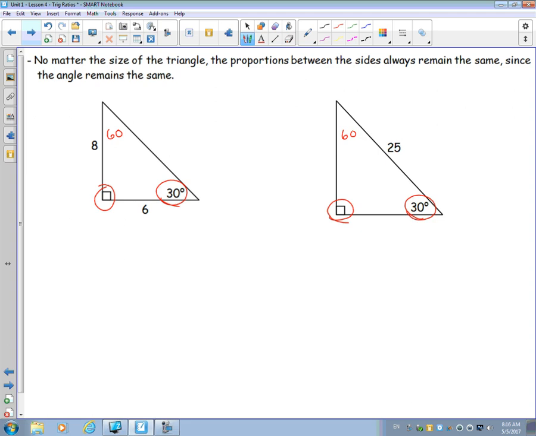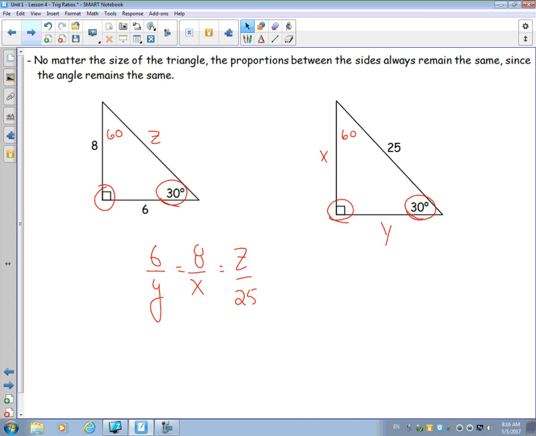I could say if I wanted to, x and y and z, that 6 has to match with y, 8 has to match with x, and z has to match with 25. And this would be totally fine. I could do this. But an even more important idea for us is, what if I had another triangle?